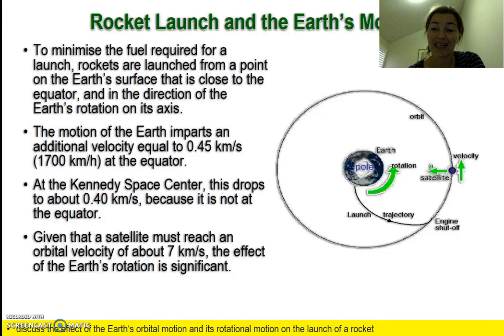So let's consider now that if we're launching a satellite or a rocket, we want to use this benefit of vector addition to give us a kickstart on our journey. So not only do we need to consider the direction of the Earth spinning on its axis, and if we launch in the same direction, then we're adding to our velocity without using any fuel or energy.